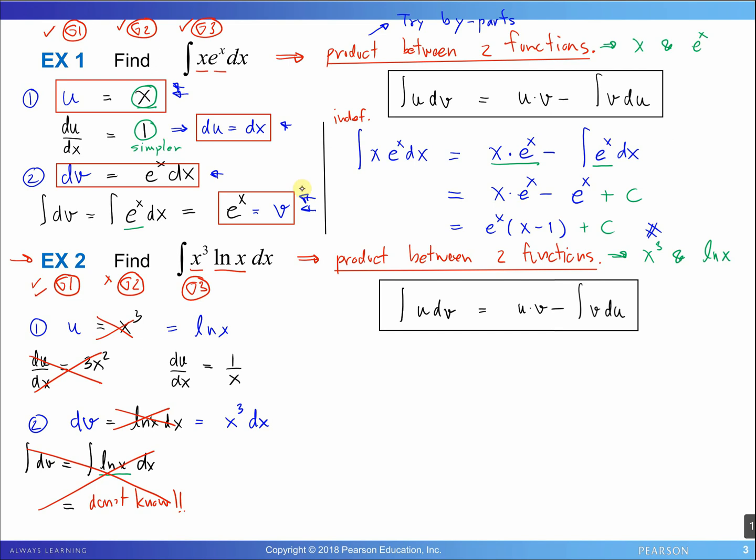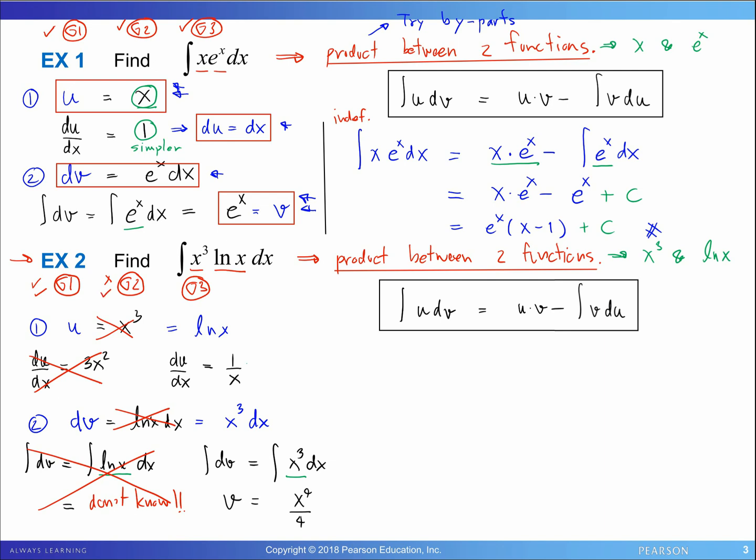For G2, let's try to integrate dv again, equal to integral of x cubed dx. For this one, we have to find the antiderivative of x cubed, and we know it's equal to x to the fourth divided by 4. And this is equal to v. So we can integrate dv. It means that G2 is satisfied. This one is good. Check.